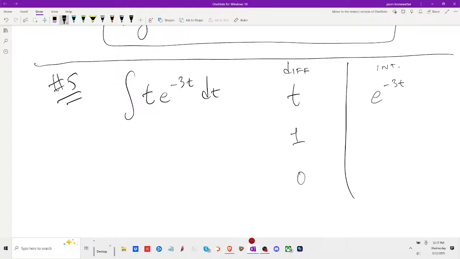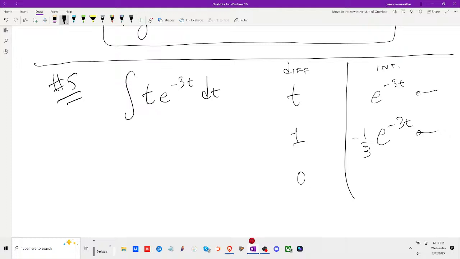When I do the antiderivative of e to the negative 3t, the thing whose derivative is e to the negative 3t is e to the negative 3t, because that's what you get back again. But if I took the derivative of this, I would get a negative 3 out in front. And so I need a negative 1/3 to compensate for that so that I get back to this when I take the derivative.